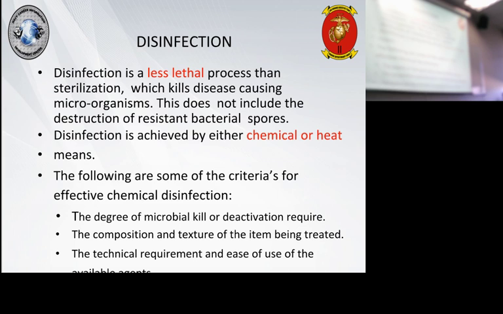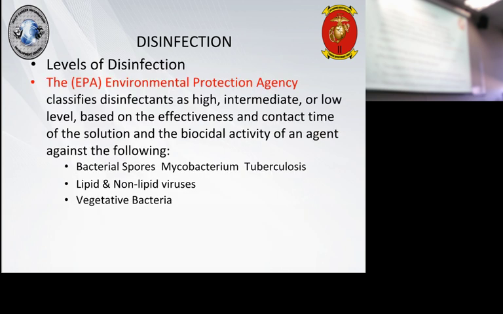Disinfection is a less lethal process than sterilization, which kills disease-causing microorganisms. Disinfection is achieved by chemical or heat means. The following are some of the criteria for chemical disinfection. I'll let you read through that later. The EPA classifies disinfectants as high, intermediate, or low level based on effectiveness and contact time.